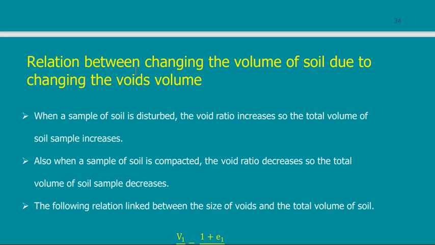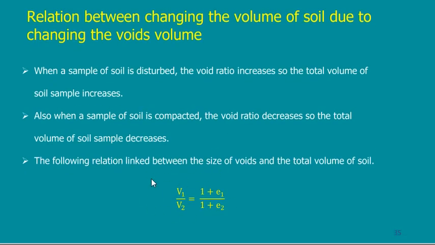Relation between V and E. This is another equation relating two cases of the sample. If I have two samples, one compacted and one not compacted, what is the relation between V and E? They said that V1 divided by V2 equals 1 plus E1 divided by 1 plus E2.